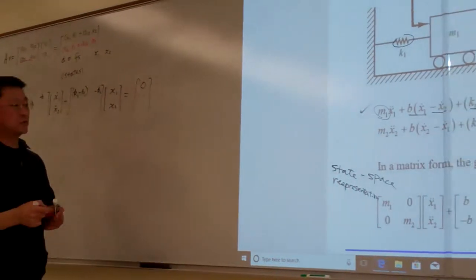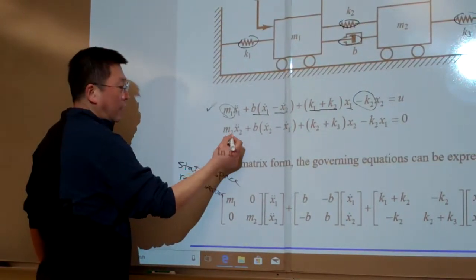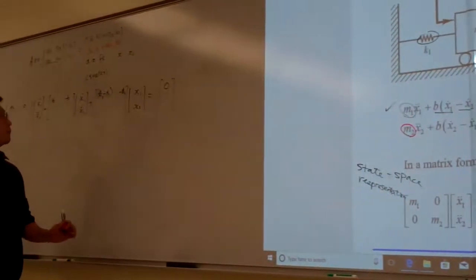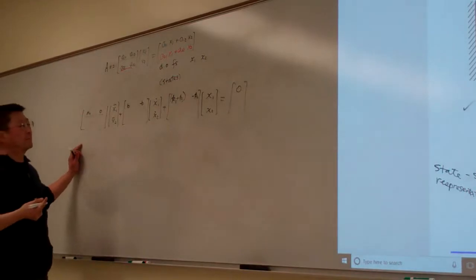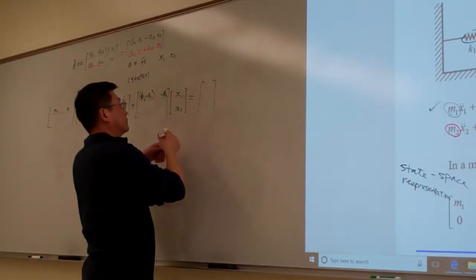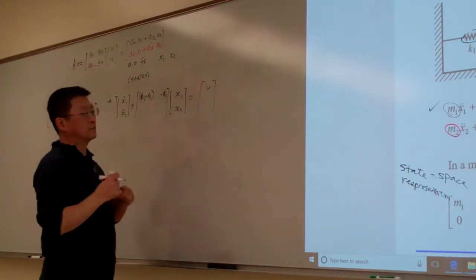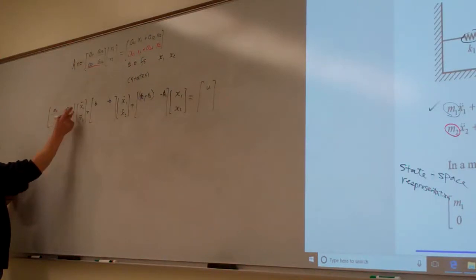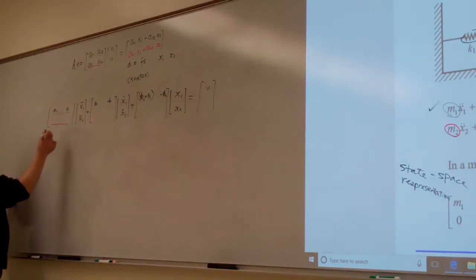Then for the second equation, the same thing. Now the second equation is m2 times x2 double dot. U instead of 0. Oh, sorry. Yes, that's the issue. For the second one, that is x2. So this row multiplied by this will be m2 x2. So m2 is here. This is 0.